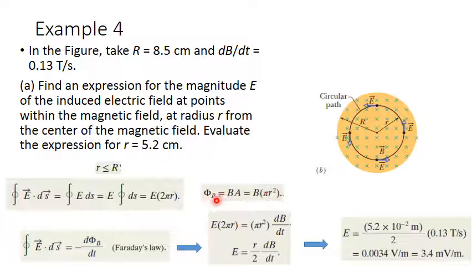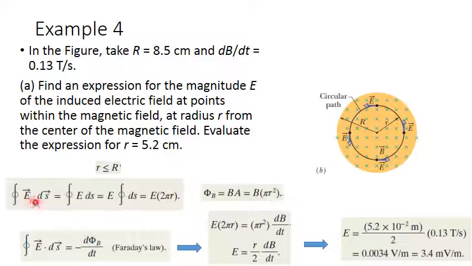So phi B in our case is B multiplied by the area, B multiplied by pi r squared. So the integration of the electric field over a closed loop ds would be minus partial phi B by partial t.